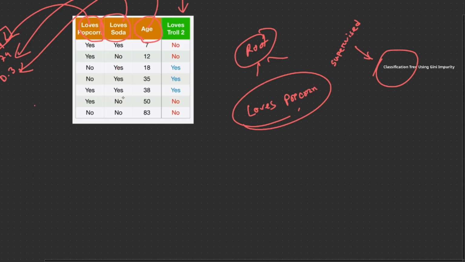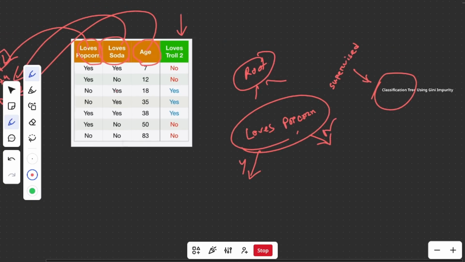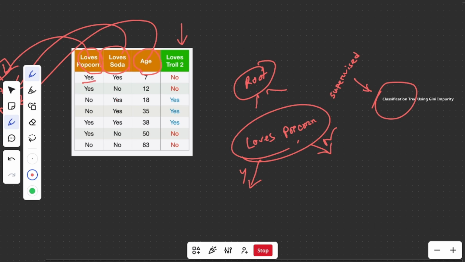So Love's popcorn, yes, will be no. Love's popcorn, yes. Okay, 1, 2, 3, 4. So we have 4 yes options. So we have to take the decision of it, not this, but this.